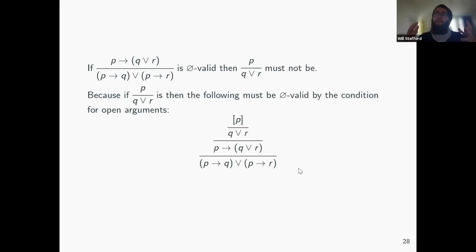If P, therefore Q or R, is empty set valid, then it follows by the condition for open arguments, where we have to substitute any proof we can find of this in, that the following has to be empty set valid, because this is a closed proof of P, therefore Q or R.